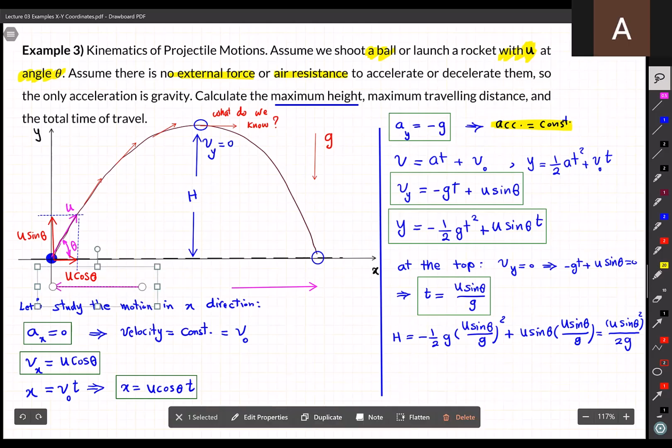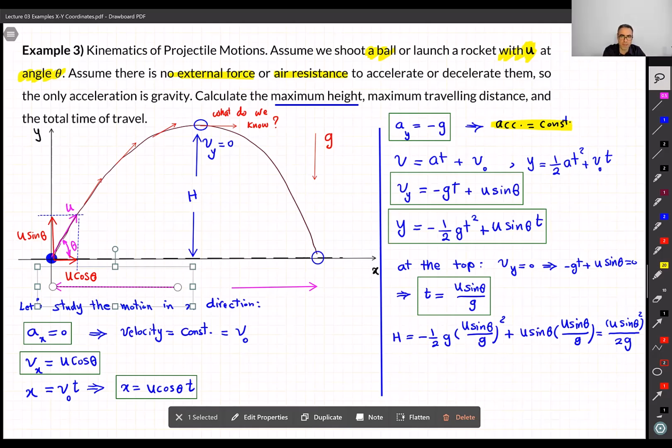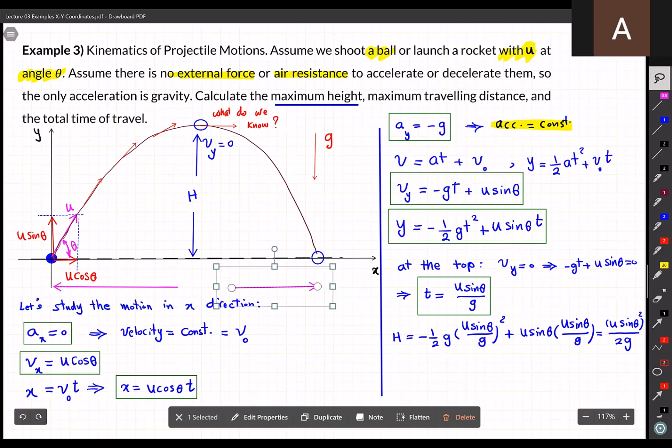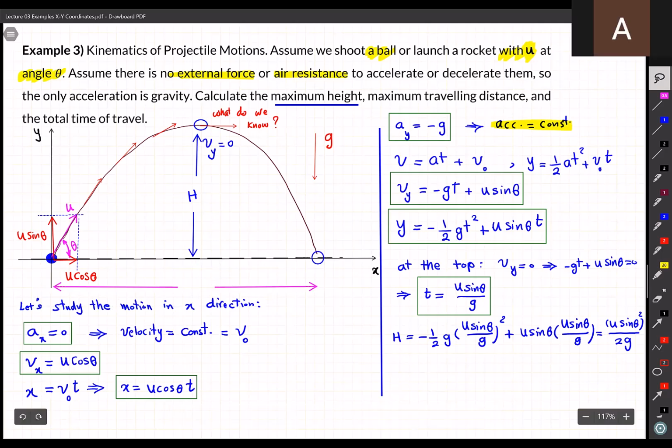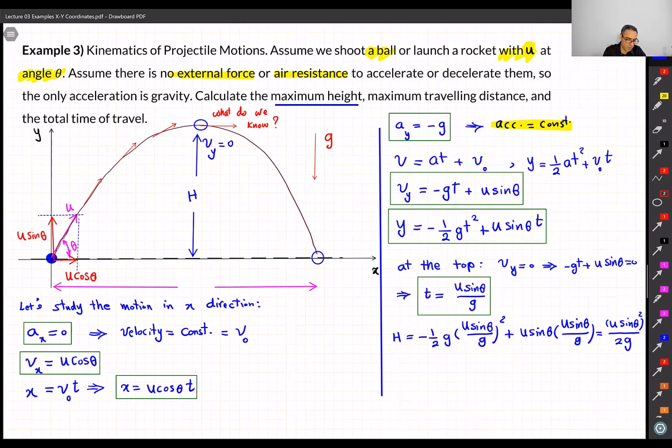Just multiply the total time by the horizontal velocity. Yep, we plug the time in the x direction, right? So this is what you're suggesting. This is what we are going to find out, x. You're suggesting we plug in the time, and that's correct.